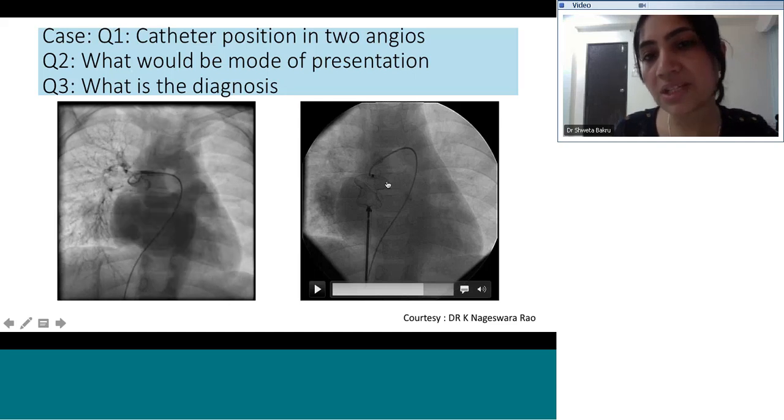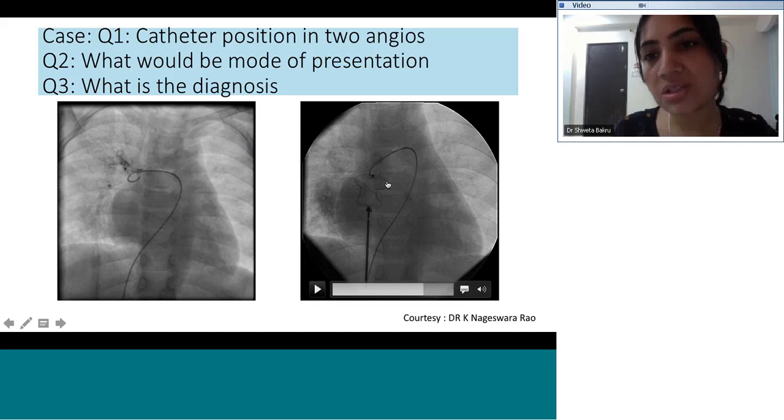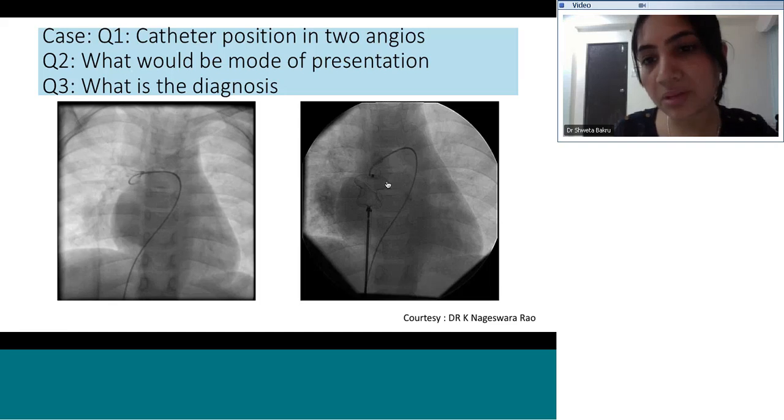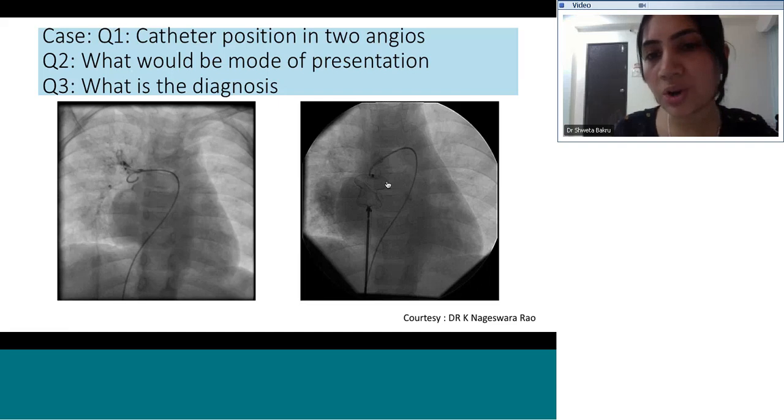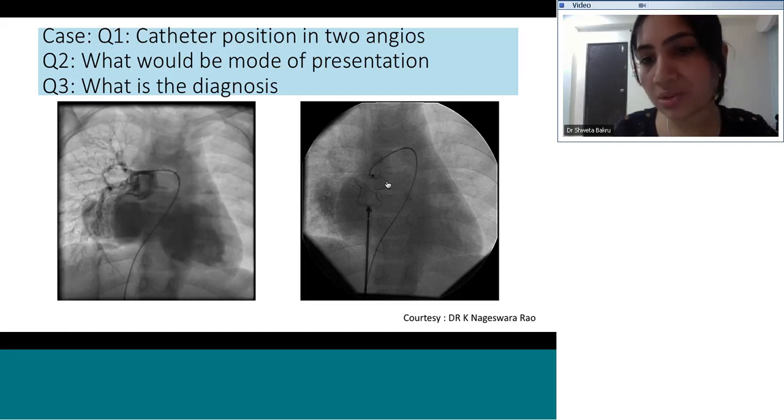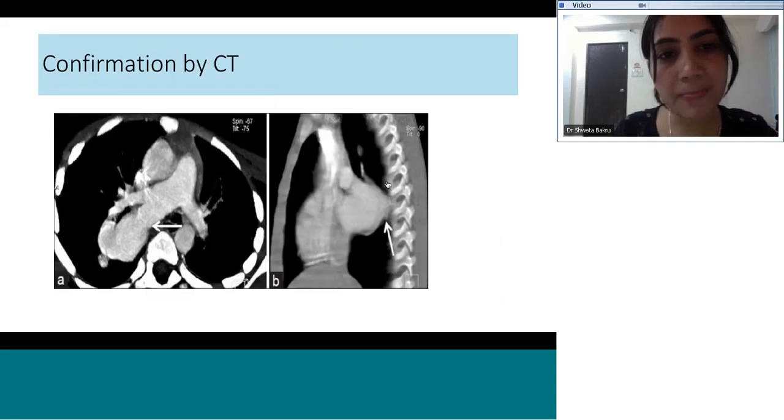So the mode of presentation is cyanosis and clubbing without a murmur, or a very faint murmur, but most of the time cyanosis or clubbing without a significant murmur. The same thing has been confirmed by CT scan: this is the right pulmonary artery and this is the fistulous communication.